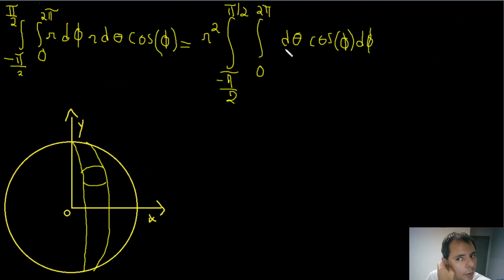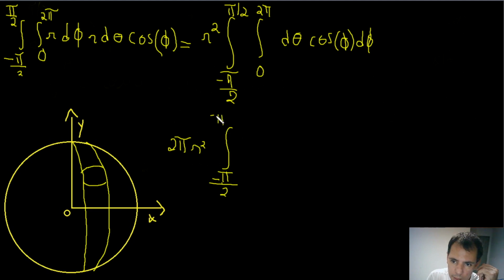Okay, so what's the integral of d theta? It's just going to be theta. Now theta is going to go from 0 to 2 pi. When it's 0, it's going to zero everything out, so don't worry about that. So this d theta here is just going to become 2 pi. So you have 2 pi r squared, and now you're just going to integrate from minus pi divided by 2 to pi divided by 2 of cosine of phi d phi.